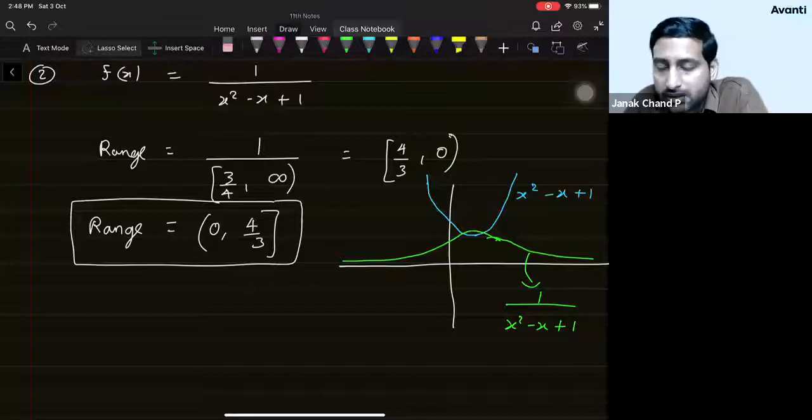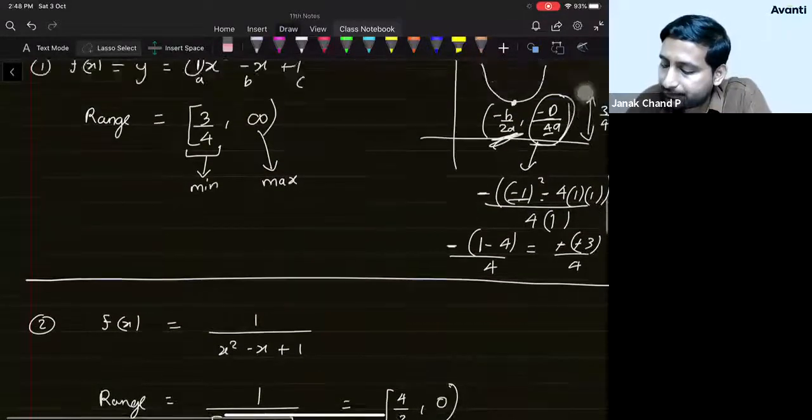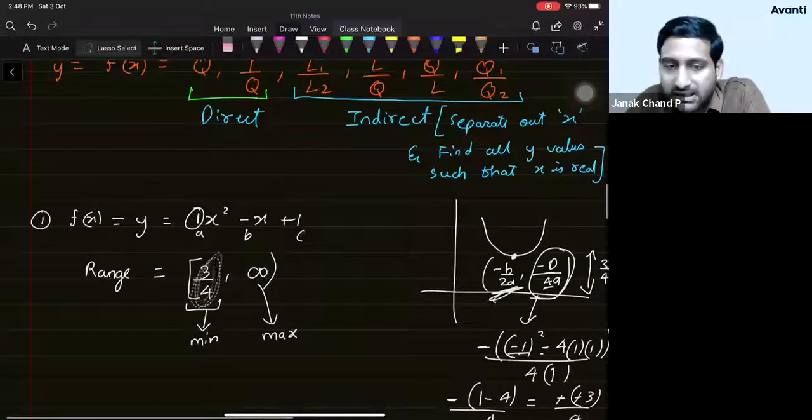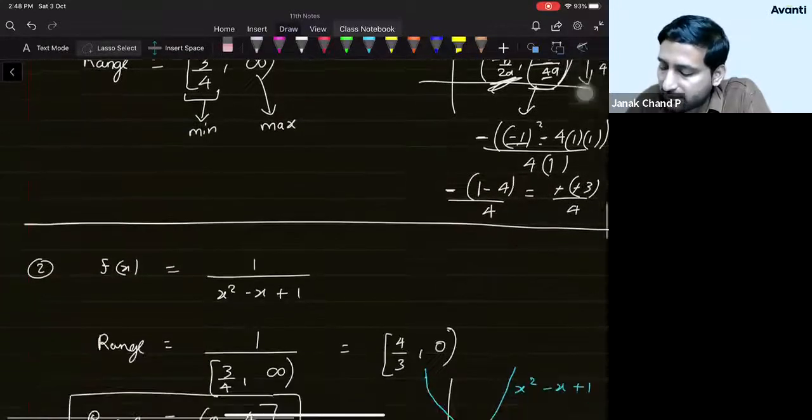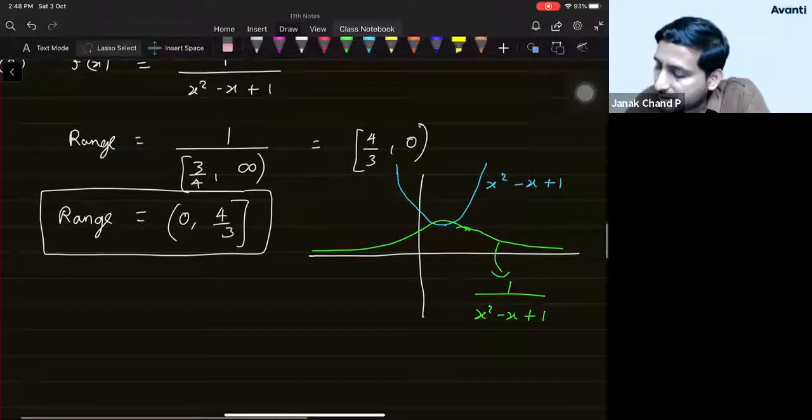How did I do it, student? Very simple. I basically know that this is the vertex, and for the blue color the value was 3 by 4. If I take the reciprocal of 3 by 4, I will get 4 by 3. Obviously, 4 by 3 is greater than 3 by 4, so corresponding to that vertex I will get a higher value. So this is 4 by 3.